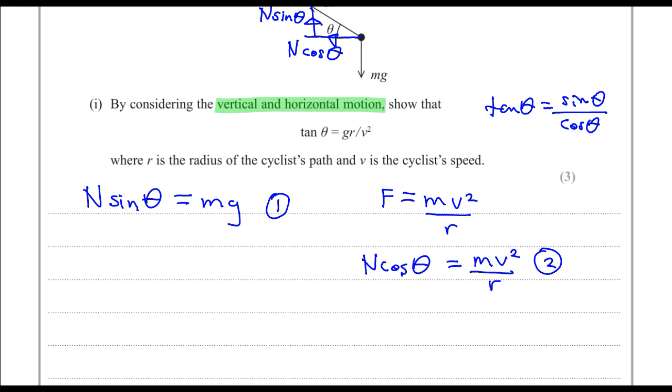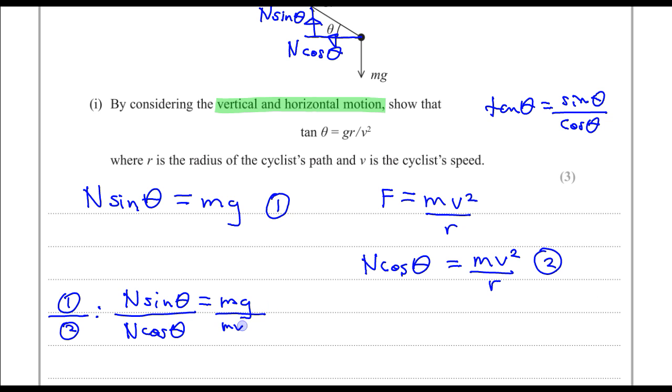So using that, if we do equation 1 divided by equation 2, we will get n sine theta equals mg, and then we are dividing by equation 2, so n cos theta, and divide by mv squared over r.